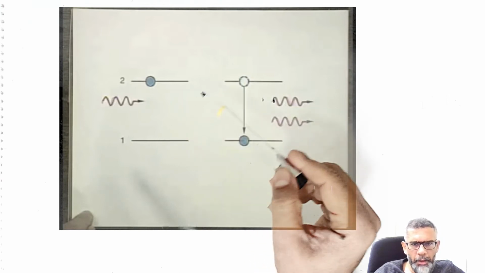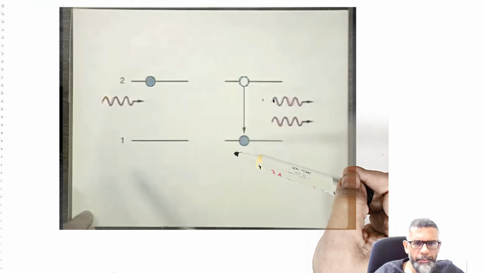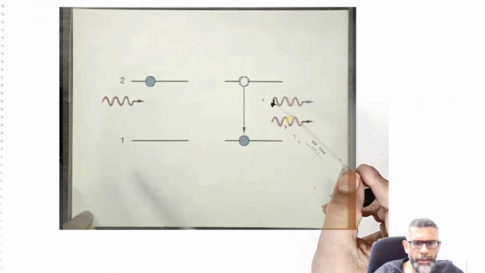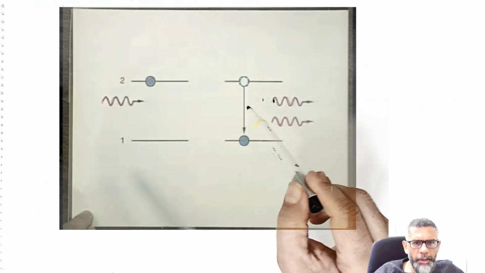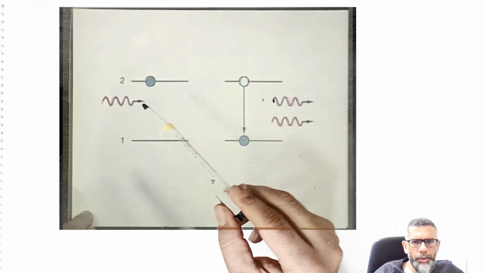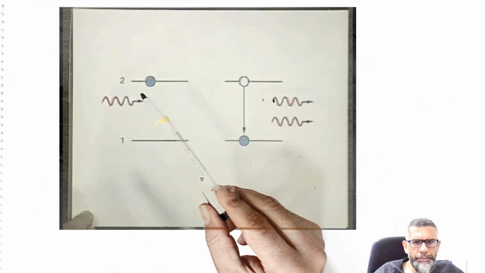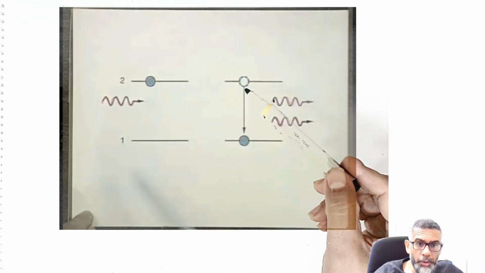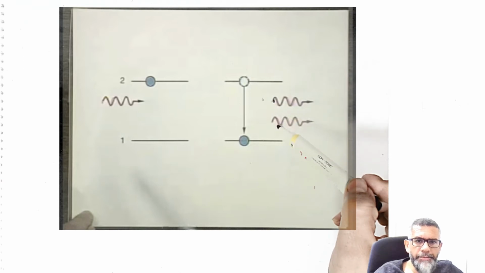Because of the loss of its energy, it gives an extra photon to the medium, with the same frequency as the incoming photon, and also the same phase.